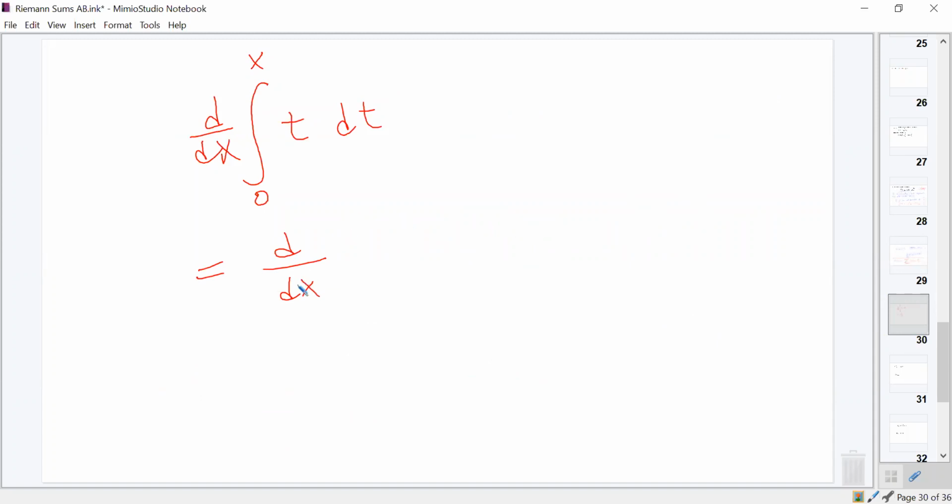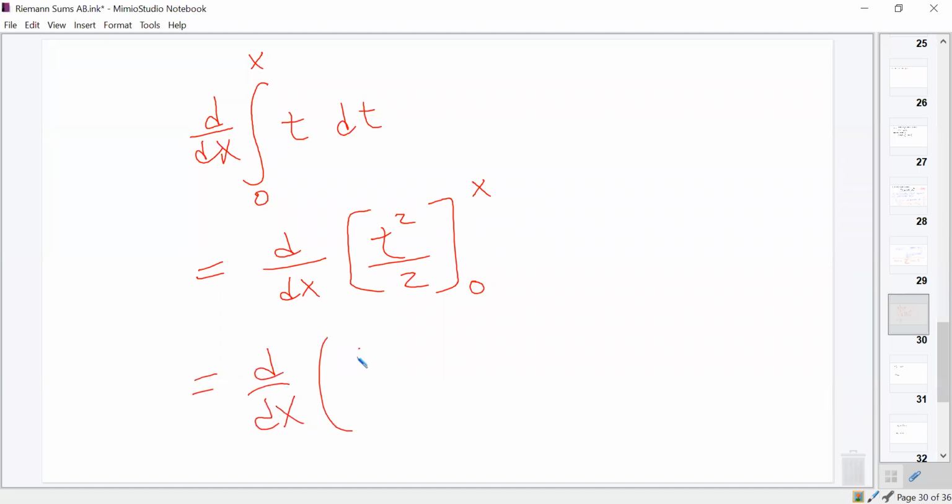So this ought to be the derivative with respect to x of t squared over 2, going from 0 to x. And so this ought to be the derivative with respect to x of x squared over 2 minus 0 squared over 2.